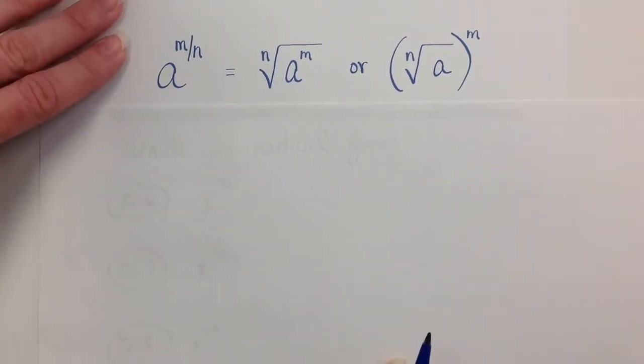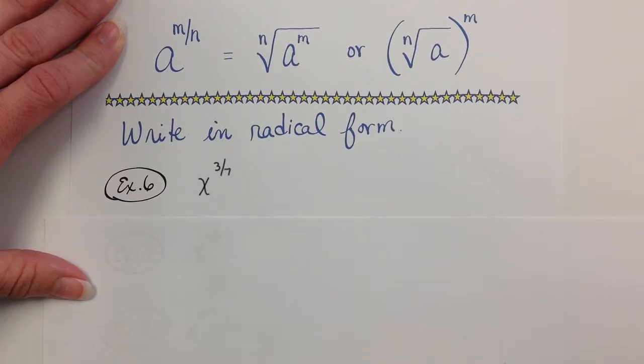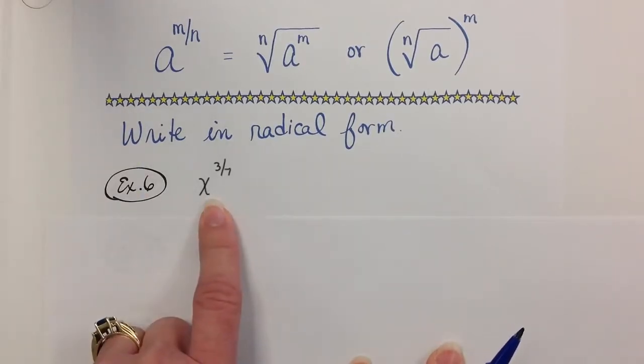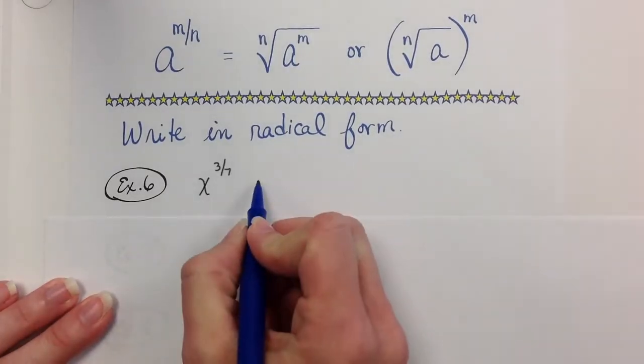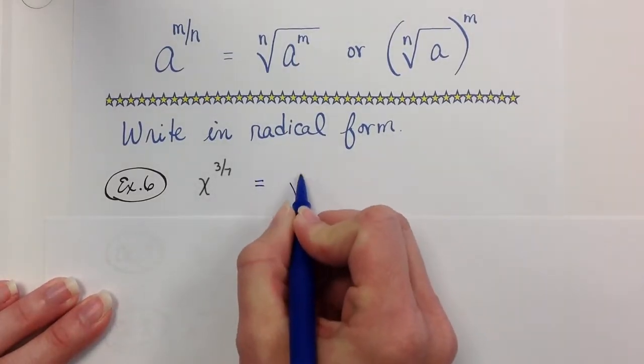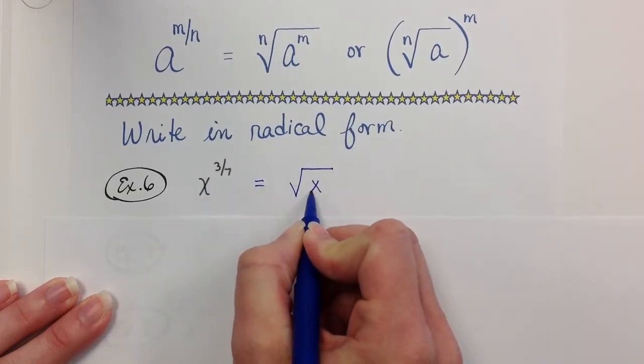All right, so the first thing that we're going to look at is going to be changing to radical form. So like here we're starting out with it in exponential form, and we're going to change it over to radical form. Okay, so first of all, just go ahead and write your radical symbol. Your base here is x, so that goes underneath.